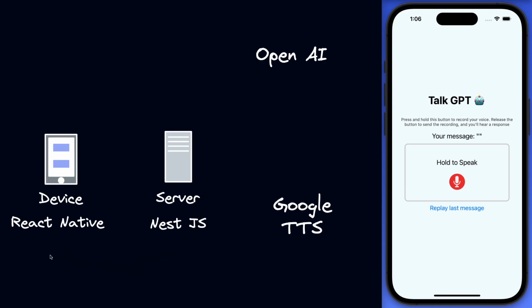So on React Native, we're going to be using a dependency to translate from speech to text. This is going to be working locally, so we don't have to pay anyone. And this computing is going to be on the client side. So we are going to get the text from this.